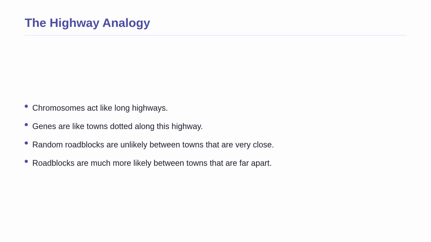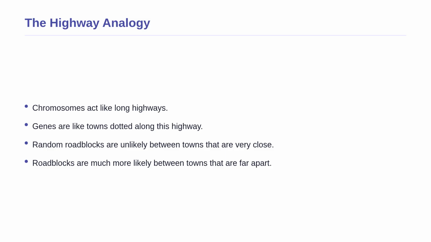To understand how linkage maps work, let us start with a simple analogy. Imagine you are looking at a map of a very long highway with several towns dotted along it. If two towns are located very close together, it is highly unlikely that a random roadblock or an accident will happen exactly between them.